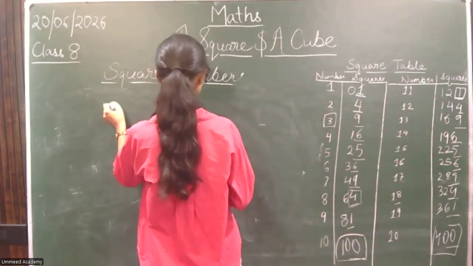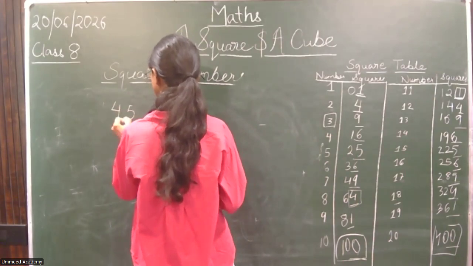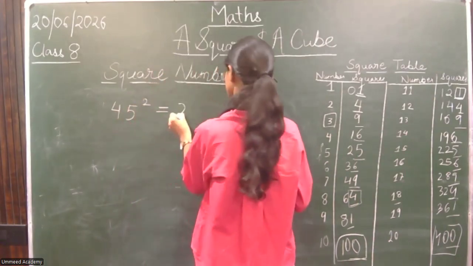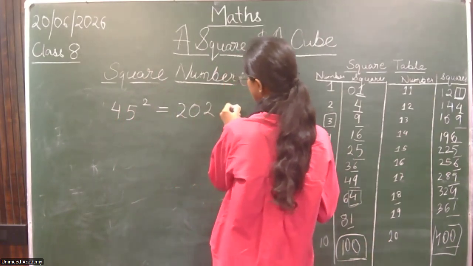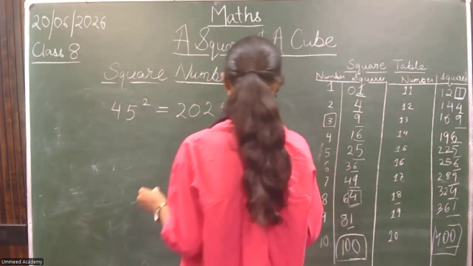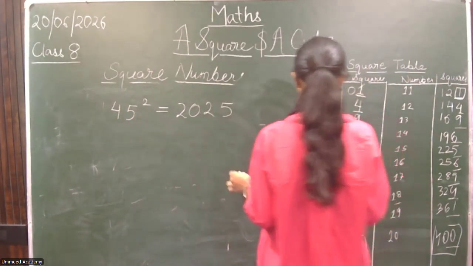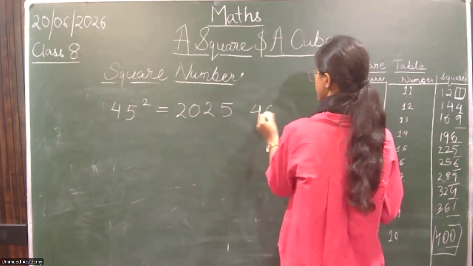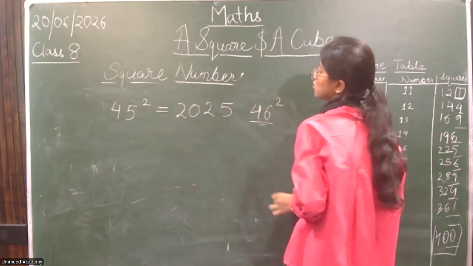We have 45 का square as 2025, and we have to find 46 का square. We have to find 46 का square.